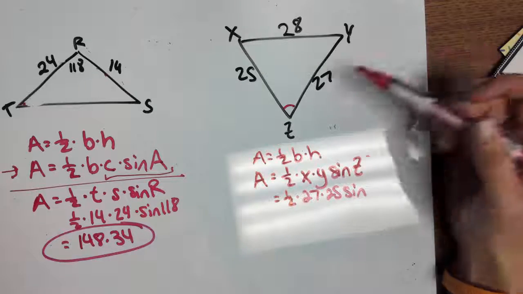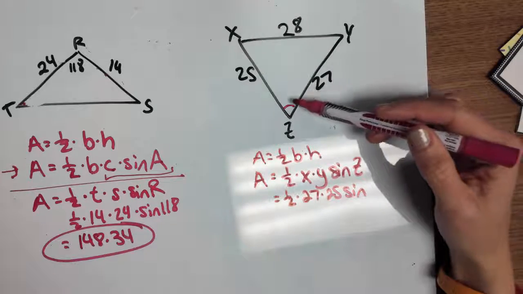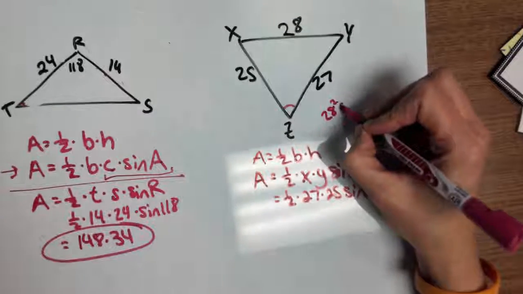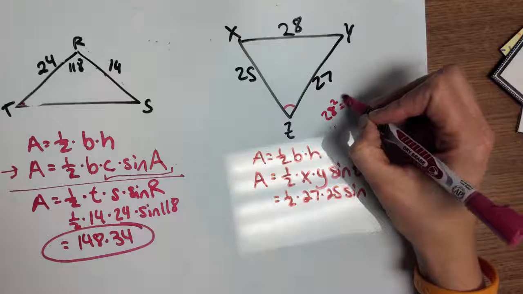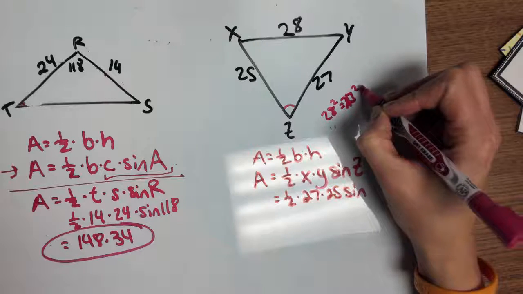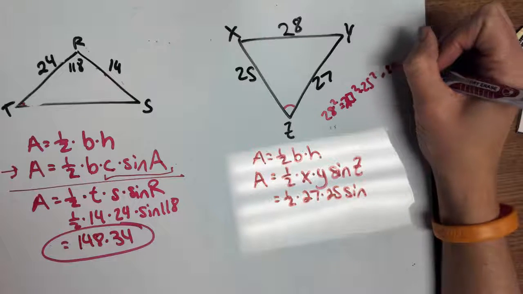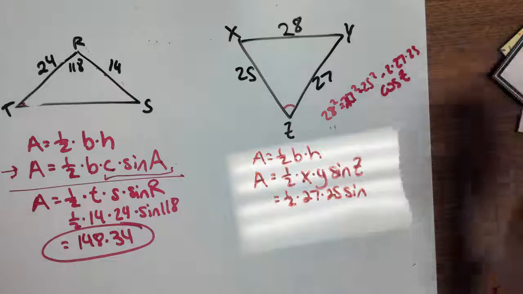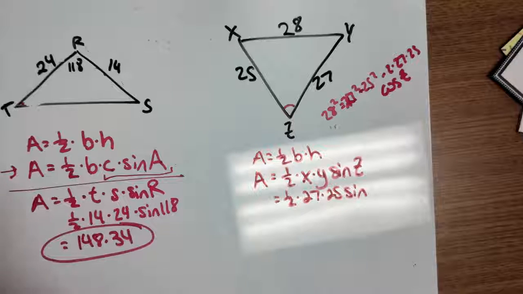So now if you guys are looking at this, side, side, side, we could find angle z using law of cosines. So off to the side we could say 28 squared equals, whoops, that's not what I wanted, 27 squared plus 25 squared minus 2, 27, 25, cosine of z. We could solve this out.